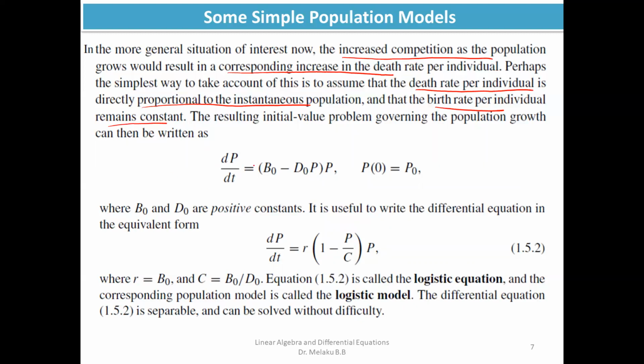So now the logistic model must be modeled this way. It was like dP/dt equals birth rate minus death rate times P. But now we are saying that the increased competition as the population grows would result in a corresponding increase in the death rate.